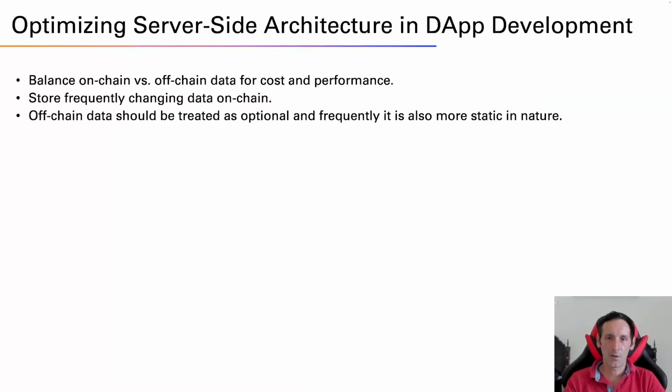Right. So when developing these DApps, one of the key architectural considerations is how you balance your on-chain and off-chain data. You want to store core critical data or dynamic data on-chain. Optional or static data can be stored off-chain.